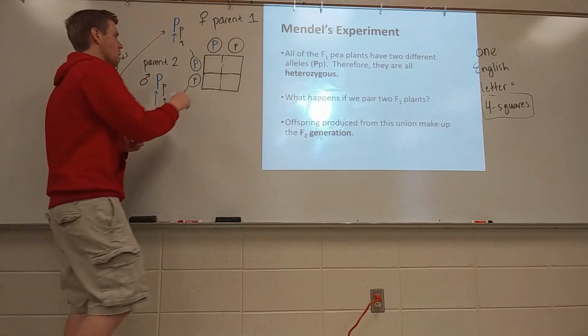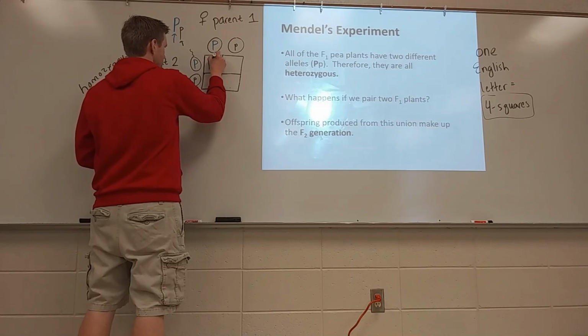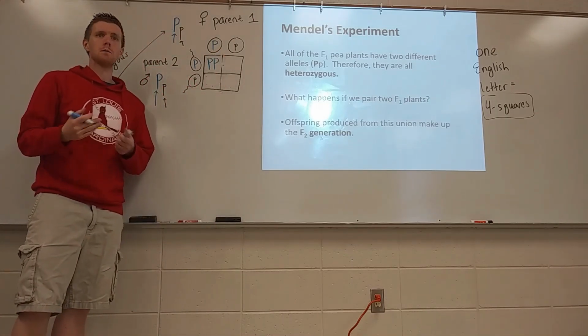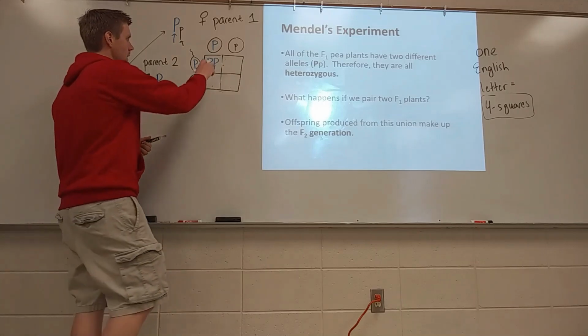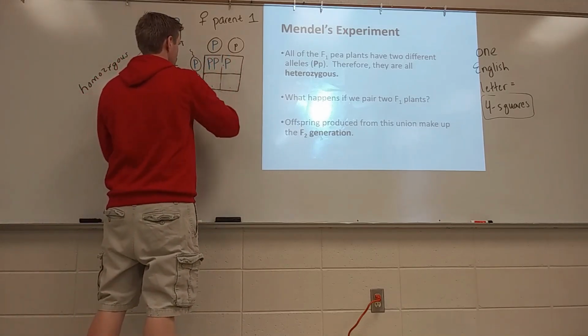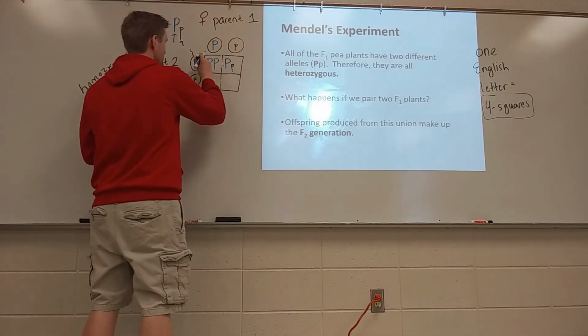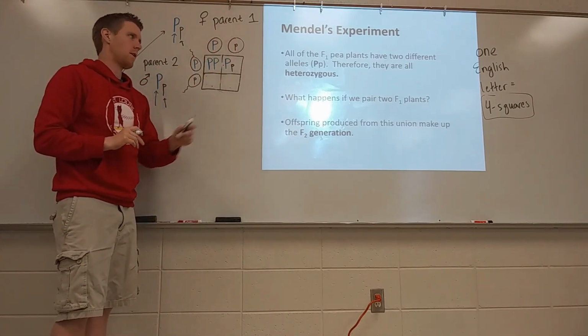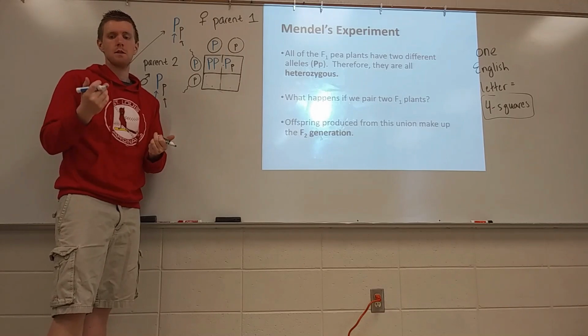Offspring possibility number 1. It gets the purple gene from both parents. It is homozygous dominant and looks purple. Possibility number 2. It gets the purple gene from the male parent and the white gene from the female parent. It's heterozygous, but it still looks purple.